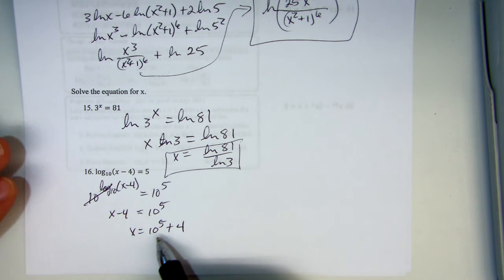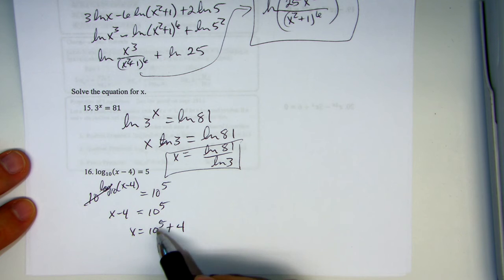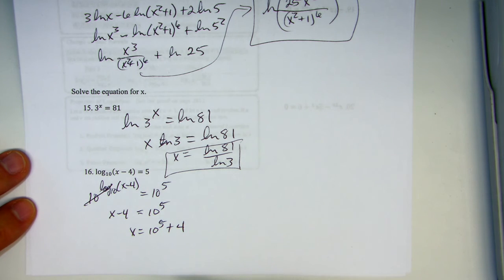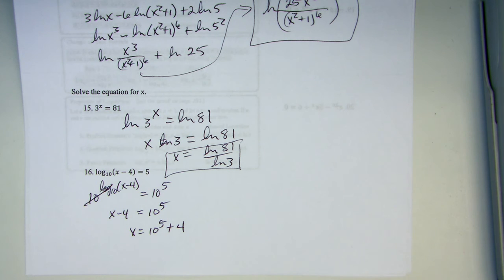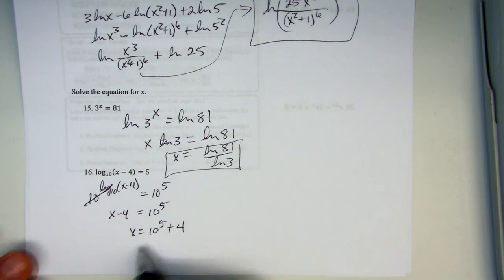And I could write it out, it'd be 4 zeros and a 4, so 100004, or I just leave it like that. I'm not too worried about the way the answer looks.